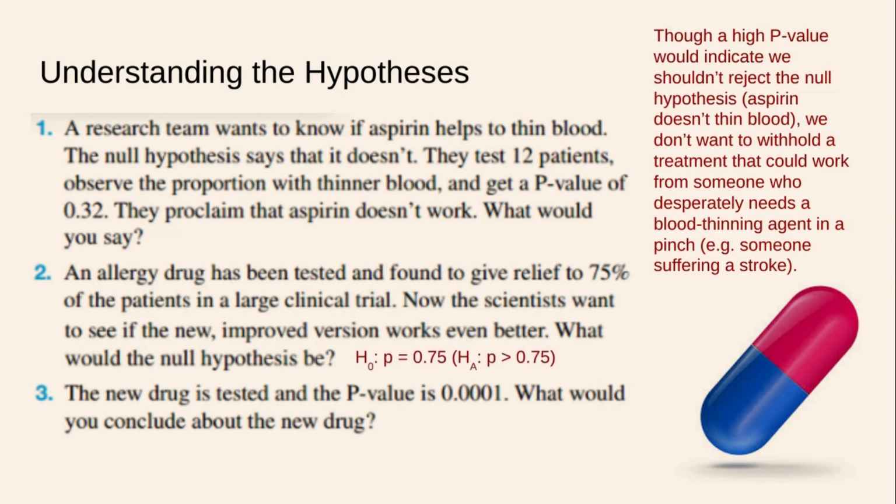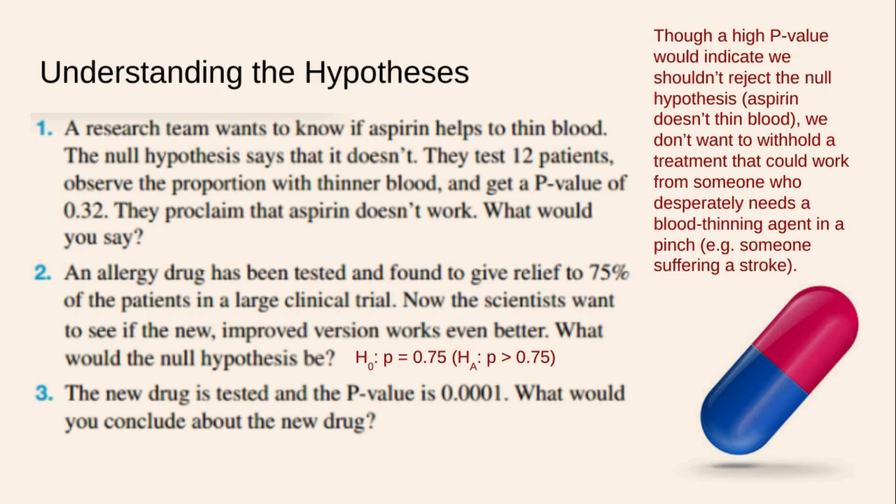The null hypothesis would be that the proportion is equal to 0.75, which would mean that the alternative hypothesis would be something different. And we want to see if the new and improved version works even better, so I'm going to go out on a limb. Here I am out on my limb, assuming that the alternative hypothesis is p is greater than 0.75, which will help us with number 3.